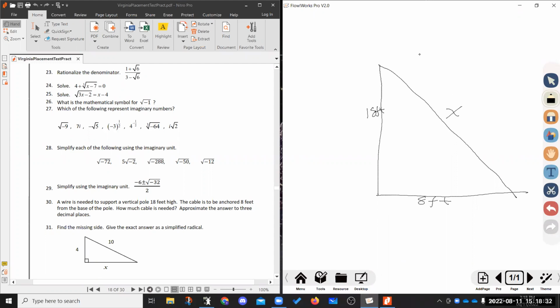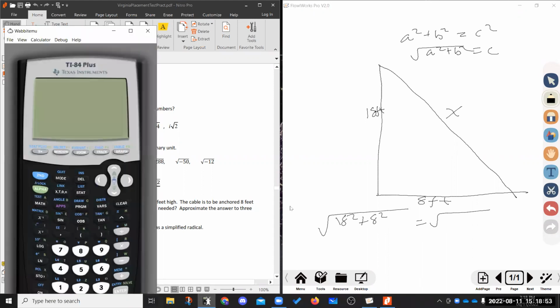We're going to have to use the Pythagorean theorem. a squared plus b squared is equal to c squared. So c is going to be equal to the square root of a squared plus b squared. So we're going to say the square root of 18 squared plus 8 squared. Let's not even bother with the square root because it tells us to approximate it with our calculator.